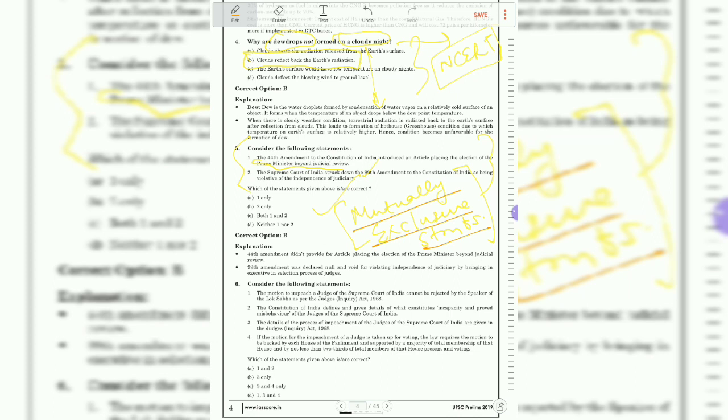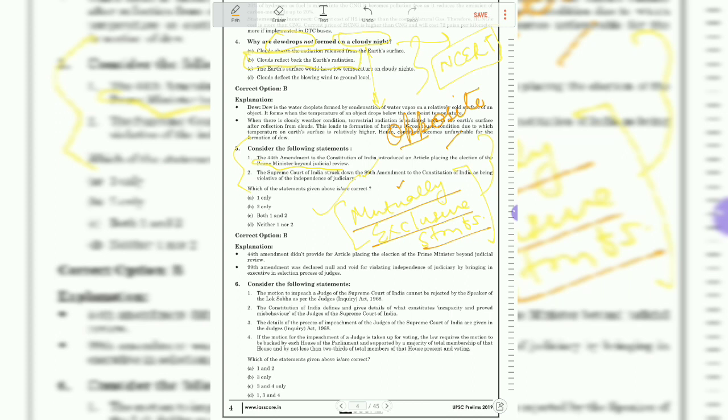Many times two statements are opposite to each other, like if this statement is right, this statement is not right. So these permutation combinations can be there, right? In these questions, the two statements are very different and not connected. So if you are not comfortable with the first statement, just read the second statement.